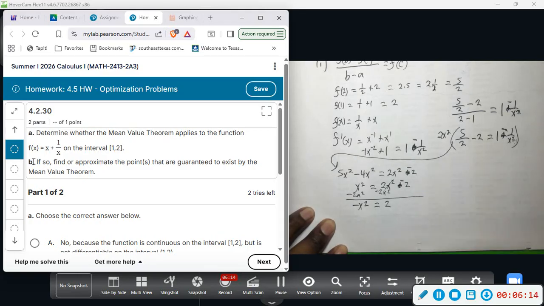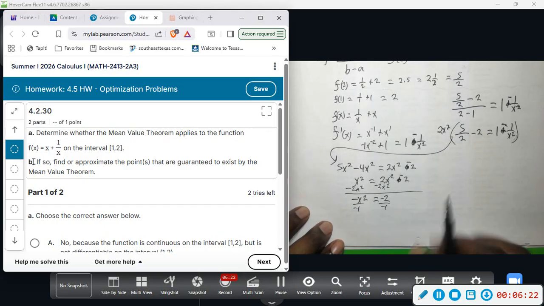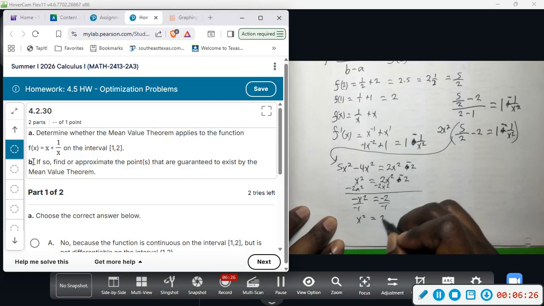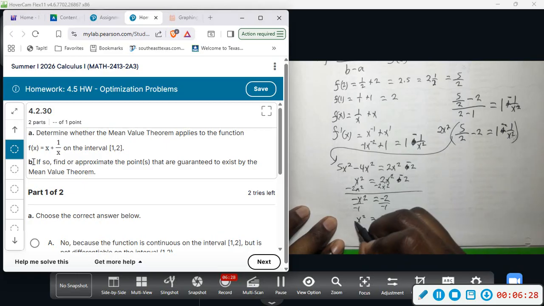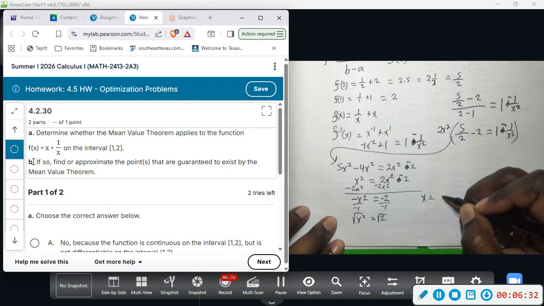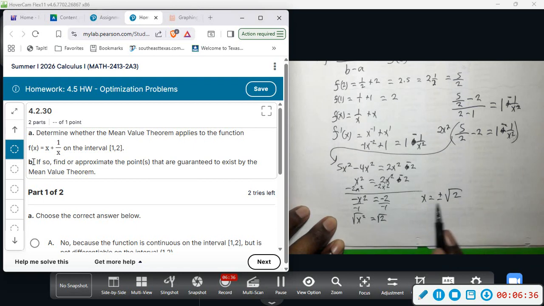Sorry, one sign change. Negative, negative. Divide by negative 1. And then this gives me x squared equals positive 2. Then we will take the square root of both sides, and that will give us x equals positive or negative square root of 2. So we get 2 solutions.